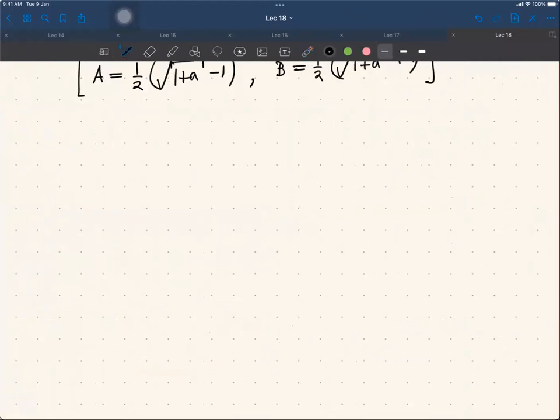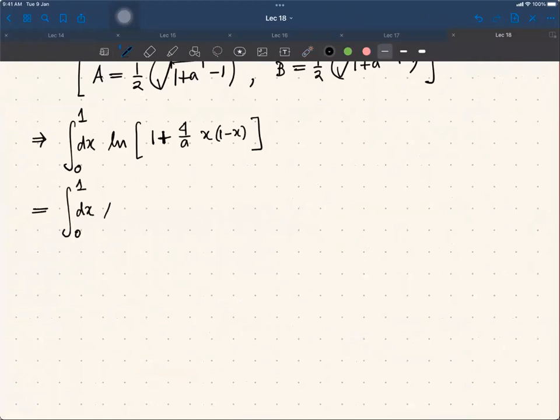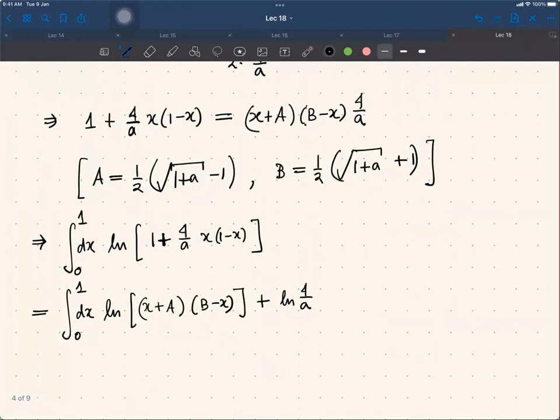So the integral dx 0 to 1 log of 1 plus 4 by a x 1 minus x is given by the integral dx 0 to 1 of log x plus a times b minus x, plus log 4 by a.